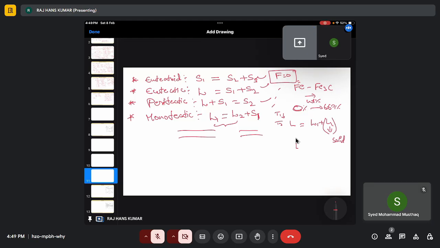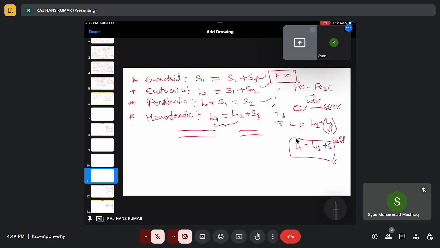That's why L1 will turn out to be L2 plus S1, right? So this one has a higher melting point, so it will transform.